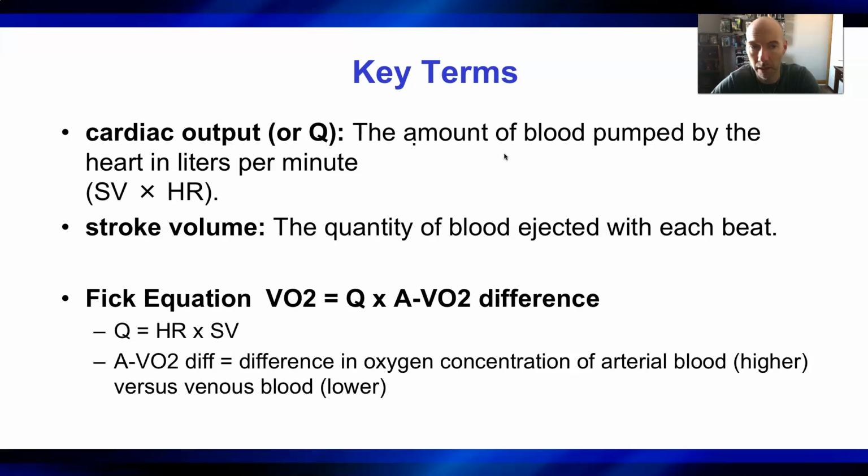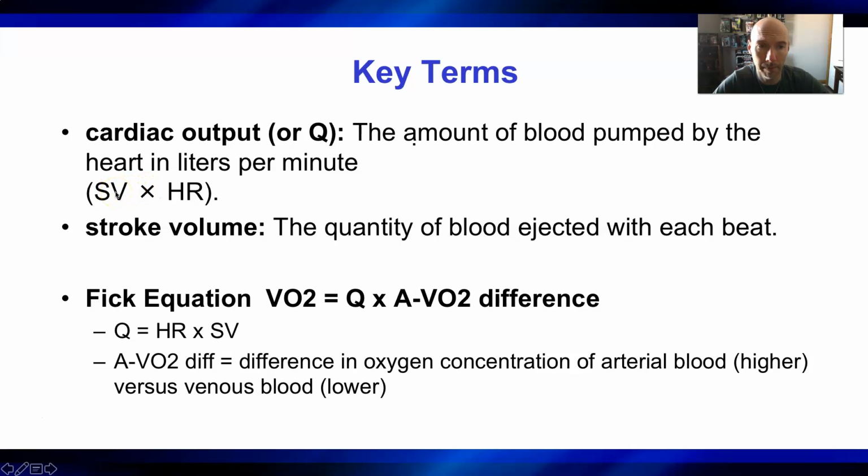It kind of just depends. At rest, it might be milliliters because it's a smaller number. During exercise, it's often expressed as liters because it's a higher amount of blood exiting the heart per minute during exercise.